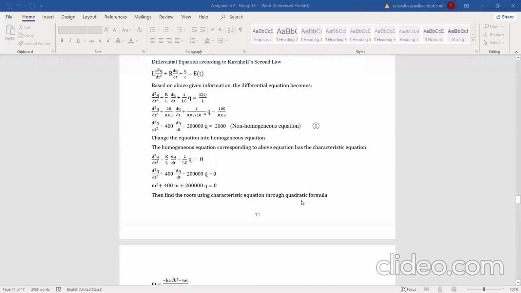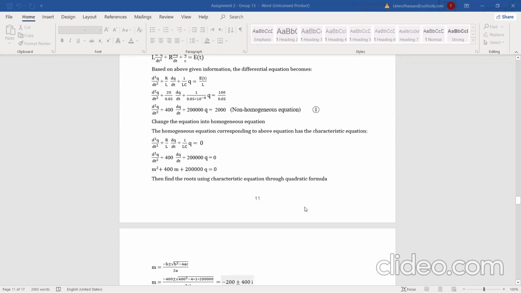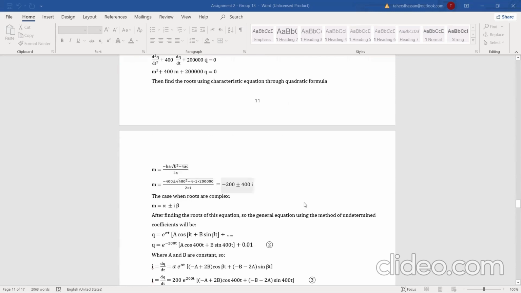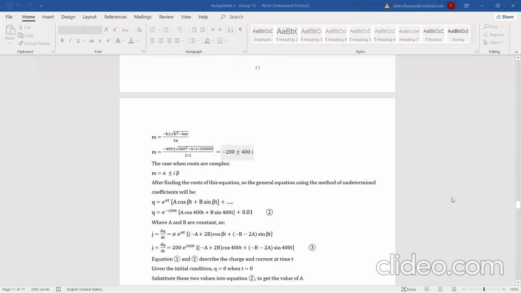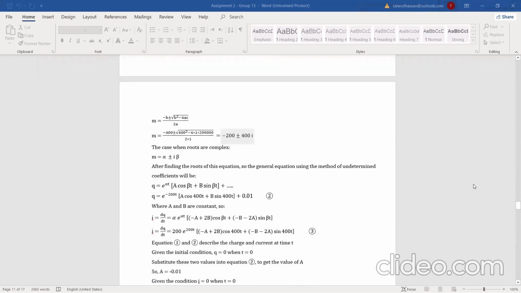Then find the roots of the characteristic equation through the quadratic formula, which is m equals negative 400 plus or minus the square root of 400 squared minus 4 times 1 times 200,000 over 2 times 1, equals negative 200 plus or minus 400i. This is the case when roots are complex, m equals alpha plus or minus i beta.